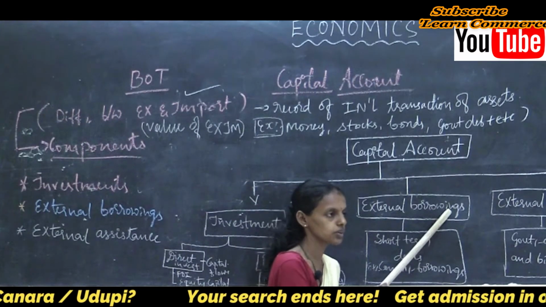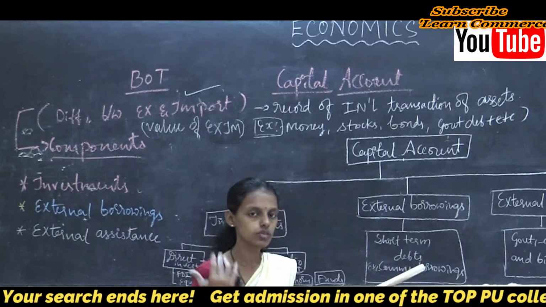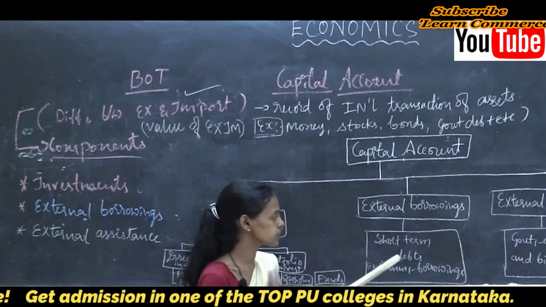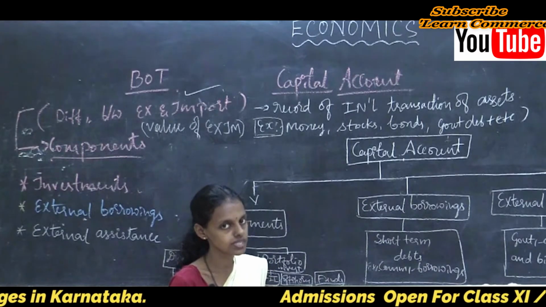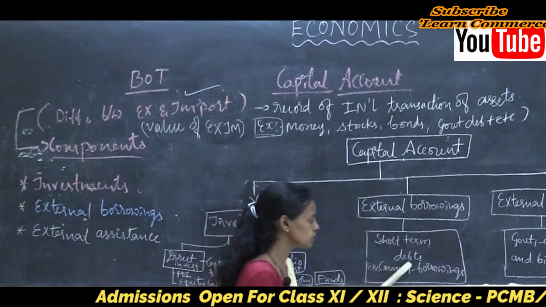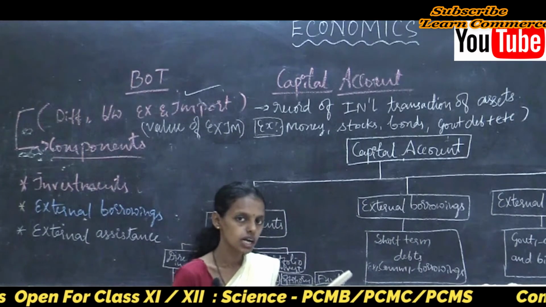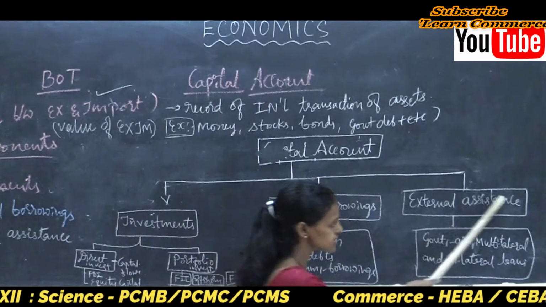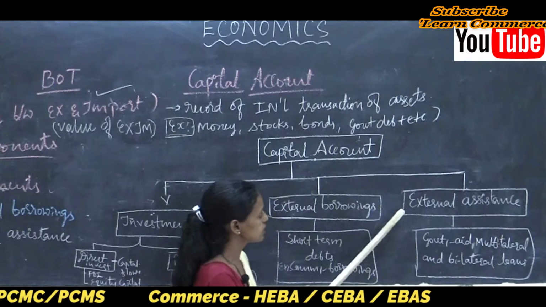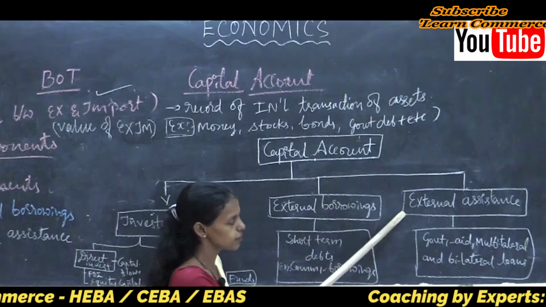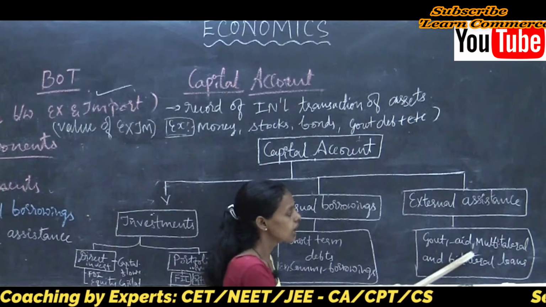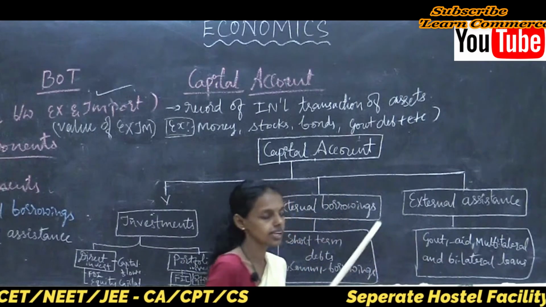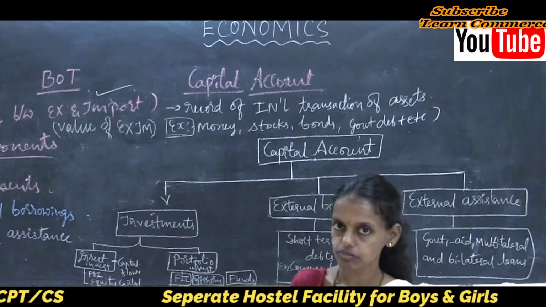External borrowings means borrowing from the outside country or rest of the world for improving or increasing our capital assets. Short term debts or commercial borrowings. External assistance is the third main component of capital account. It includes government aid, multilateral and bilateral loans.